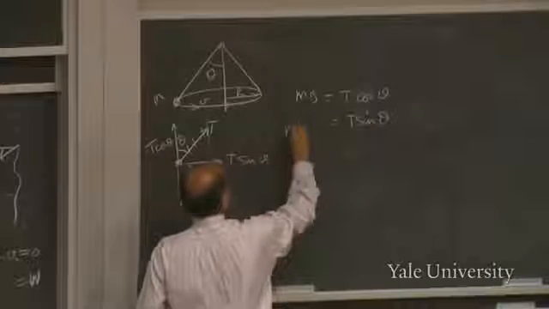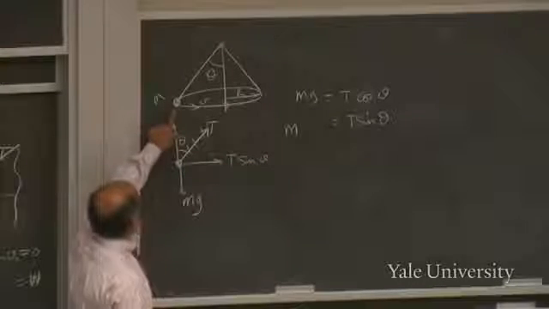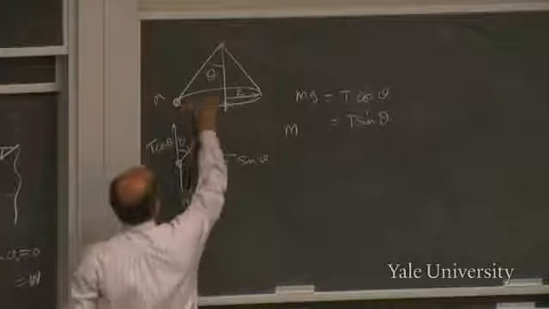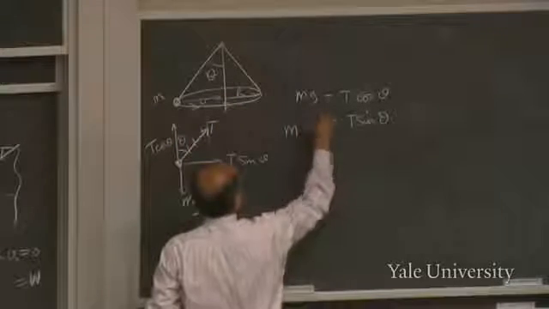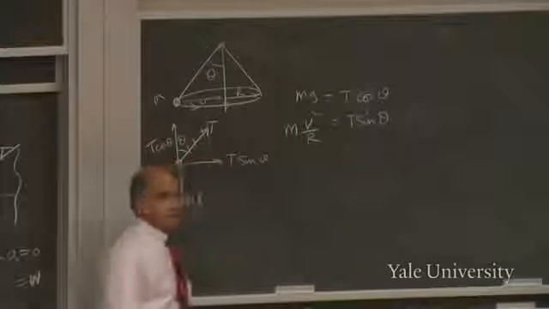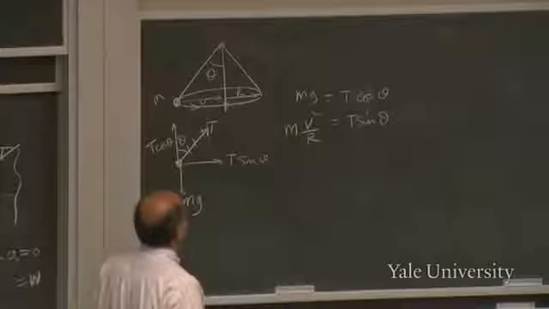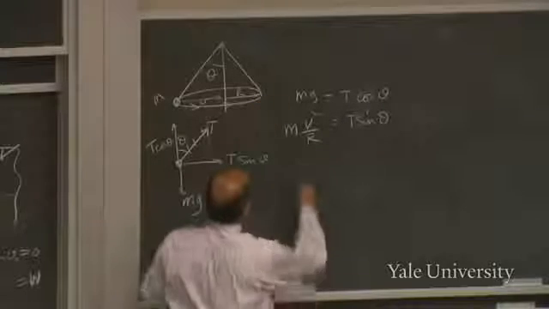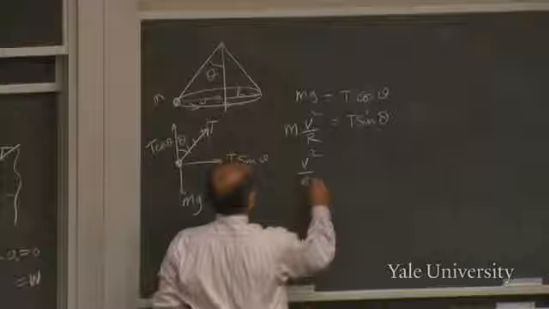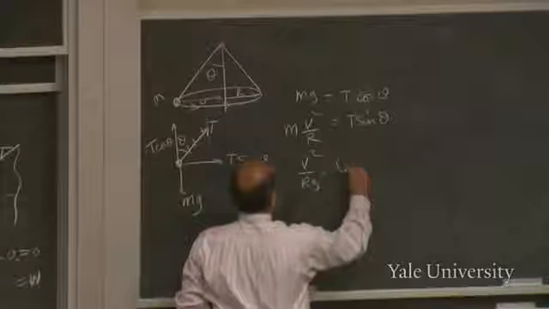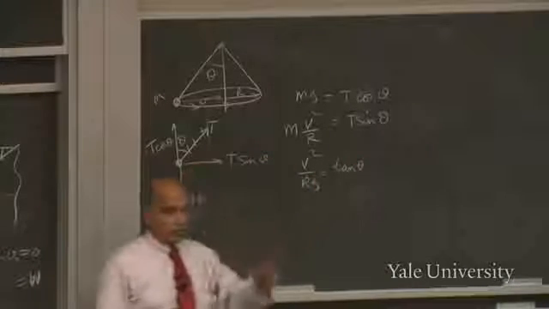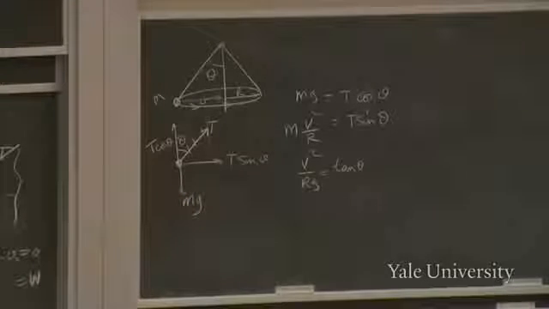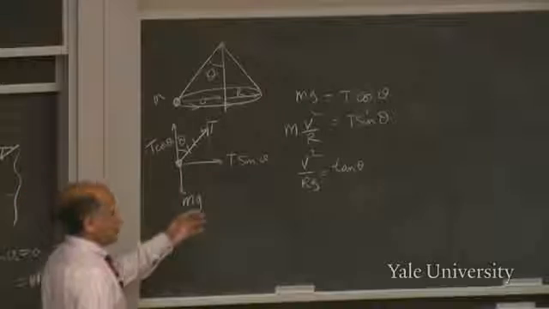That's got to be mass times the acceleration. At the instant where I've shown the object, because it's going in a circle, it has an acceleration in this direction with size v squared over r. Therefore, if you divide this equation by that equation, you will get v squared over rg equals tan theta. That's the angle the string will assume. So if you knew the velocity, you can do this problem.